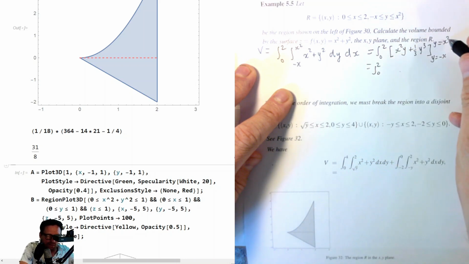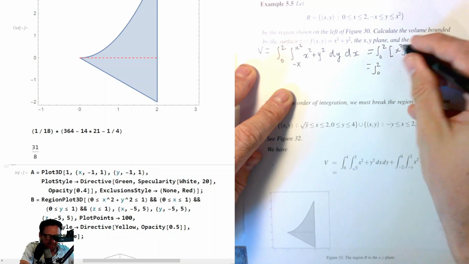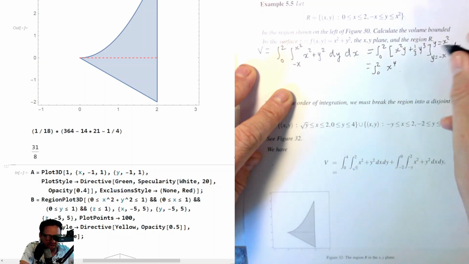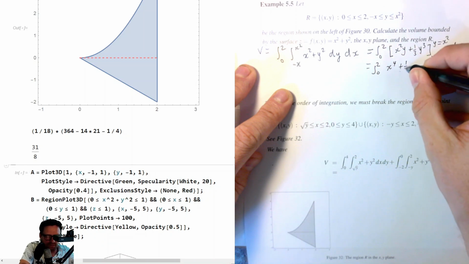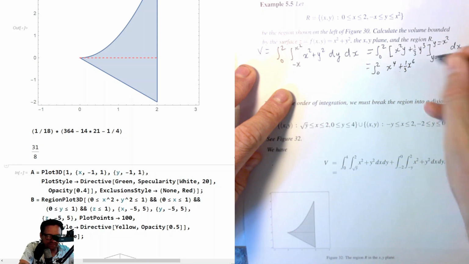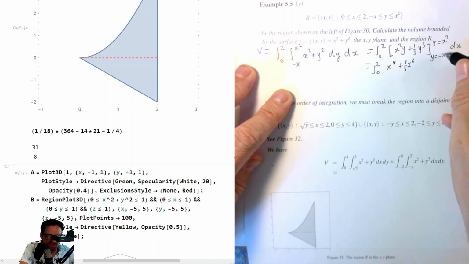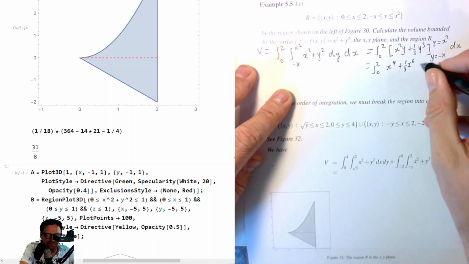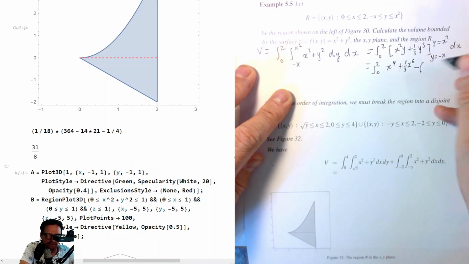Okay, so subbing in y equals x squared, we've got x to the power of 4. And then doing the same thing here, we've got 1/3 x to the power of 3 times 2 is 6. Now, subbing in y equals minus x, so we subtract, that's minus x cubed.